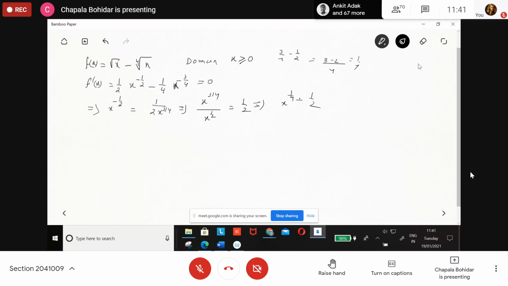So I got x to the power 1 by 4 is equal to half. This implies x is equal to 1 by 2 to the power 4, which is 1 by 16. Clear? What is the value of 1 by 16? Tell me. That is our critical point.